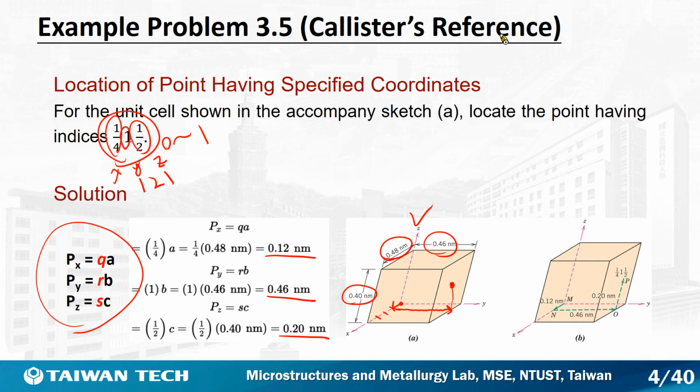But if we just need to draw it in this figure, we just use this fraction method. It's okay. But if we need to write down the exact number, we need to use these equations. Okay, I think this is not hard.